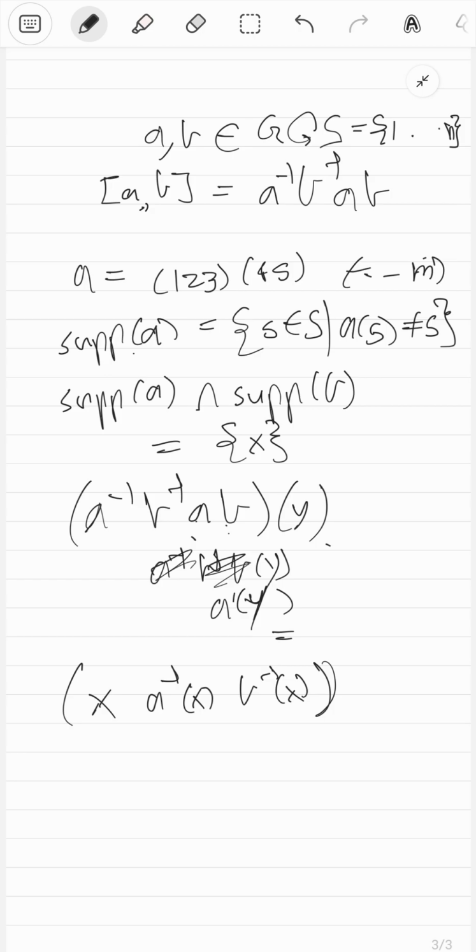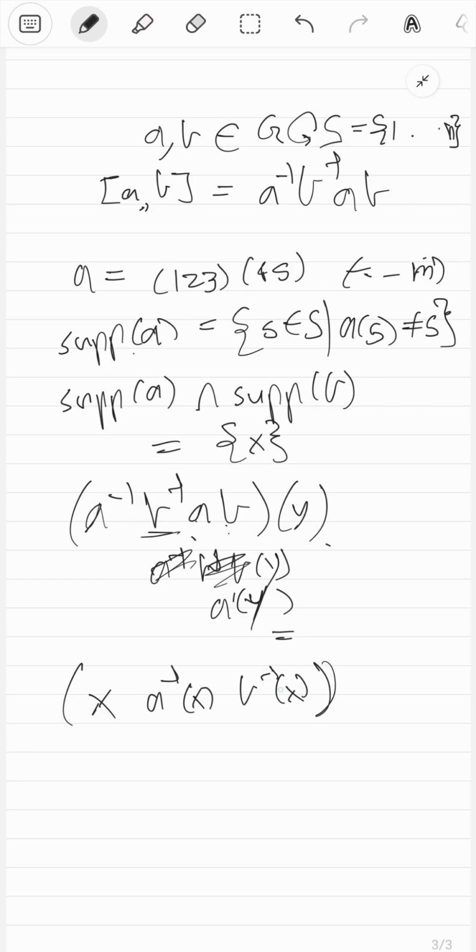If that is the case, then it's not in the support of b. The only way it could be is if a of y was actually equal to x, which is to say y was a inverse of x. But we already covered that case, so we can say that it's not in the support of b, and thus not in the support of b inverse as well.